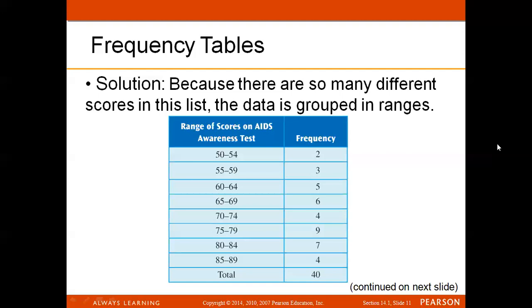Each frequency then is listed as 2 for 50 to 54, 3 for 55 to 59, 5 for 60 to 64, 6 for 65 to 69, 4 for 70 to 74, 9 for 75 to 79, 7 for 80 to 84, 4 for 85 to 89, giving us a total number of frequencies of 40, which is the number of scores we originally had.